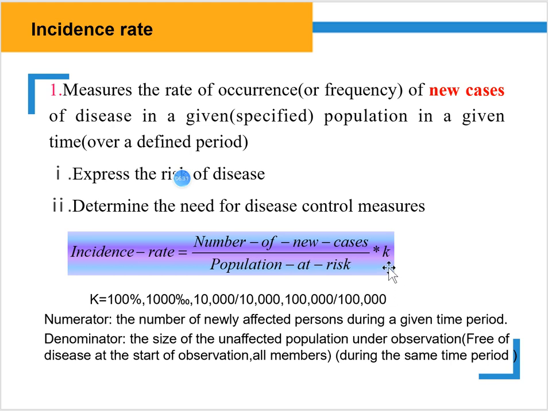K value is proportion base, means how many cases per 100, per 1,000, per 10,000, or per 100,000 in larger population, usually 100,000.